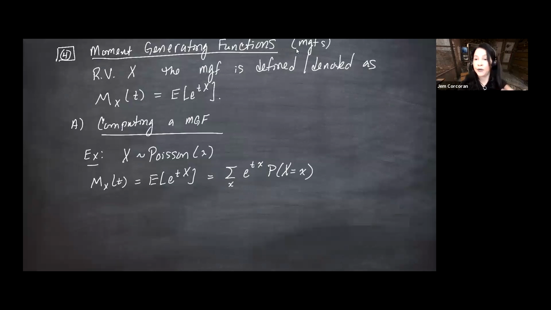If it were continuous, we'd get an integral. And for our particular distribution, it takes values from 0 to infinity. So I get e to the tx times the Poisson PMF, which is e to the minus lambda, lambda to the x over x factorial.